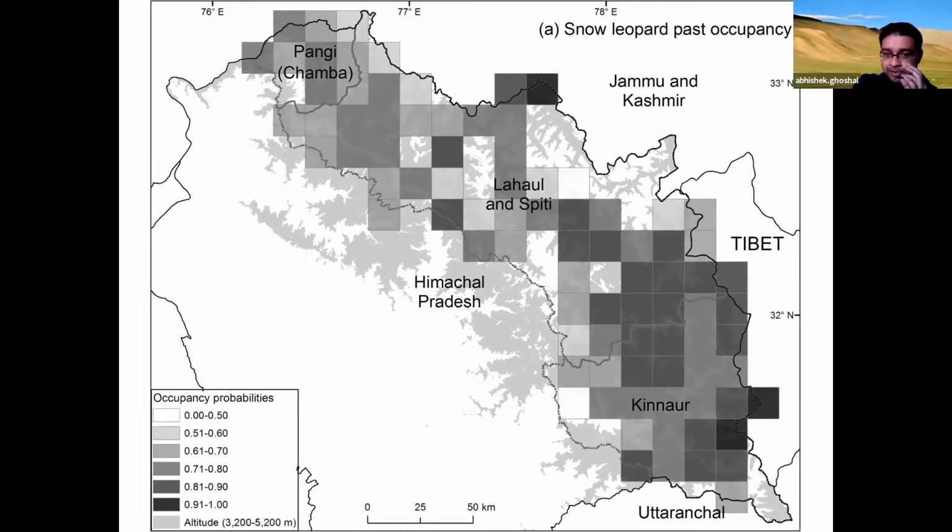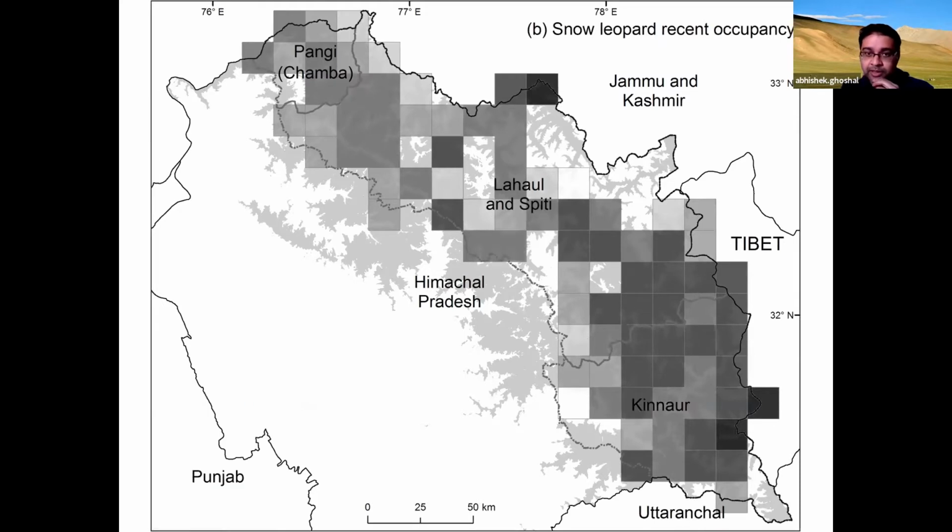So again, as Kaustav mentioned during his speech earlier, occupancy values range from 0 to 1. The lighter shaded grids had lower probabilities of occurrence of snow leopards versus the darker ones, and the very dark ones, like the completely black ones, had nearly 100% probability of snow leopards using those areas.